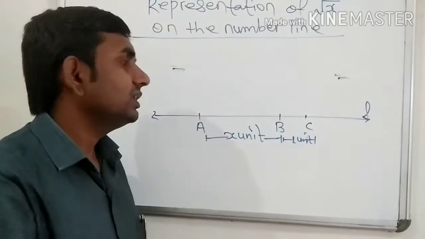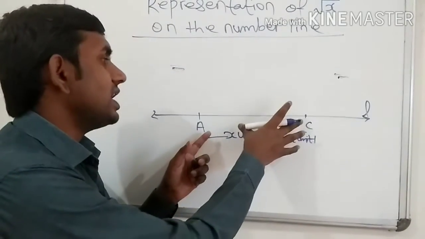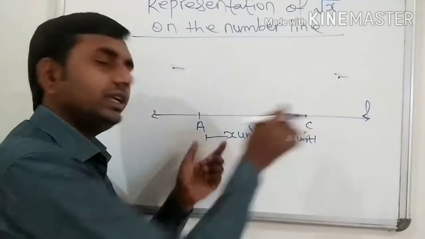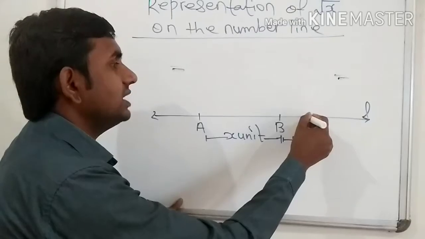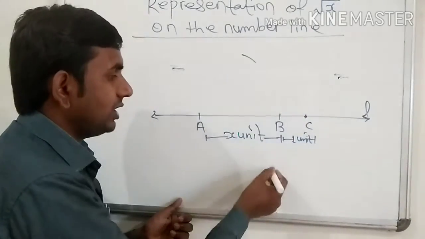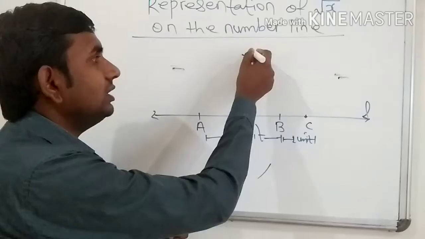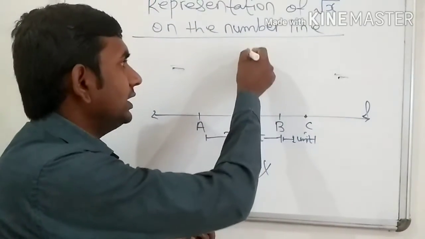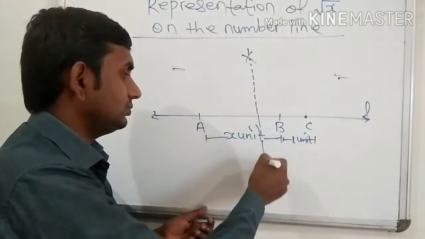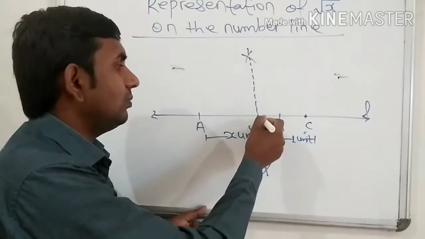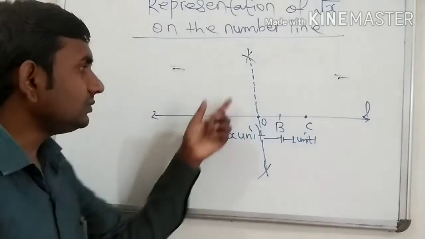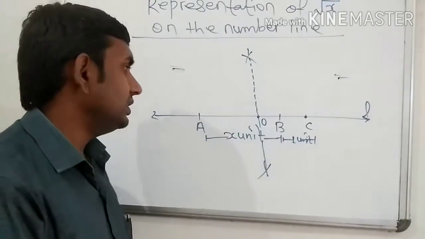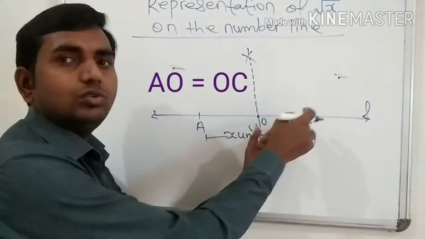We take half length or greater than half length of AC and bisect from this point upward and downward, and from A also upward and downward, using a compass. We match both points and find a point O at which this line crosses L, and we find AO is equal to OC.